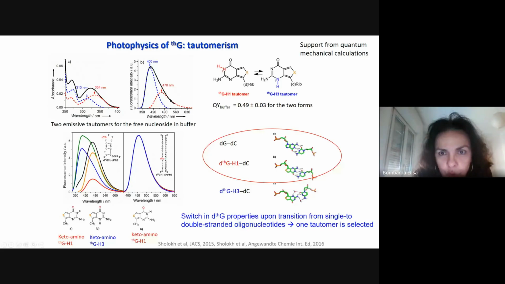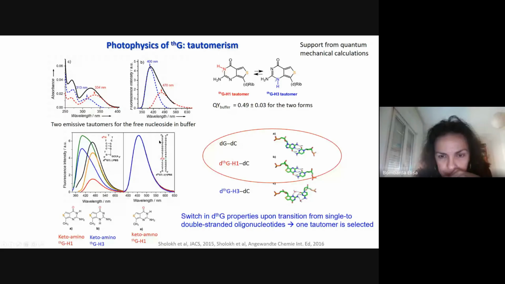So the so-called H1 tautomer has this kind of profile, that is the absorbance and that is the emission, and the H3 is instead the blue one. They have anyway a similar quantum yield.